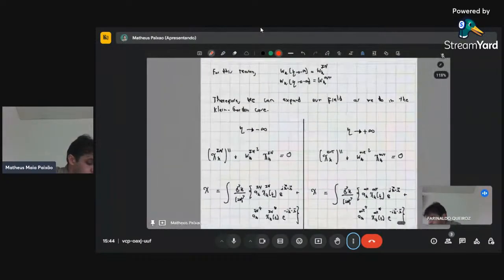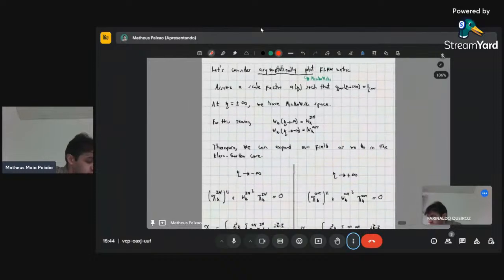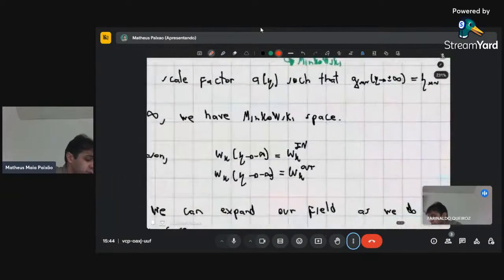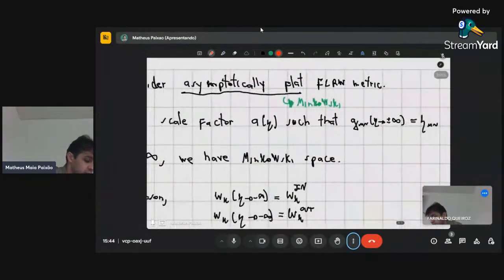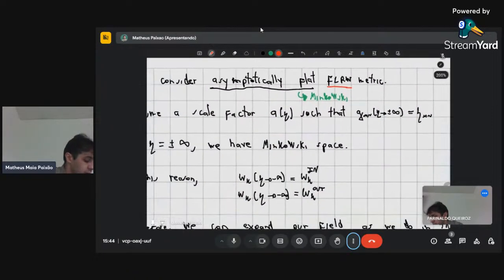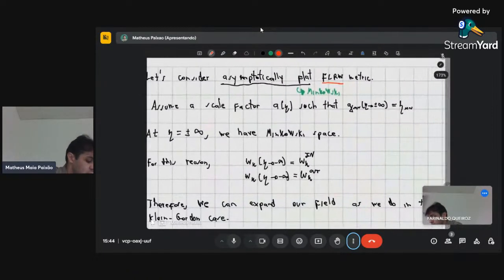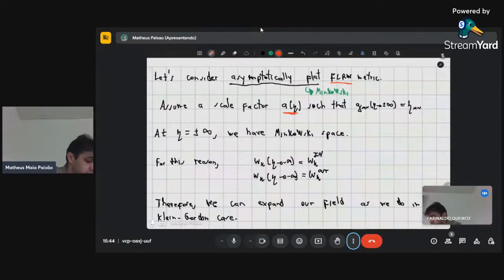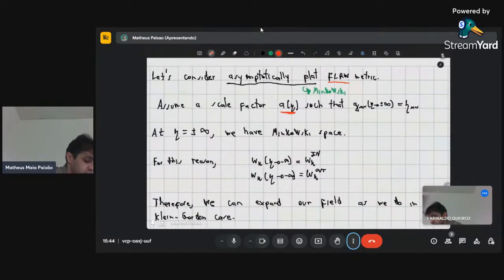What we can do here is to consider an asymptotically flat three-dimensional Robertson-Walker metric, in the sense that we are assuming a scale factor a such that when eta goes to minus or plus infinity, the metric of my space-time is going to just be the Minkowski metric.